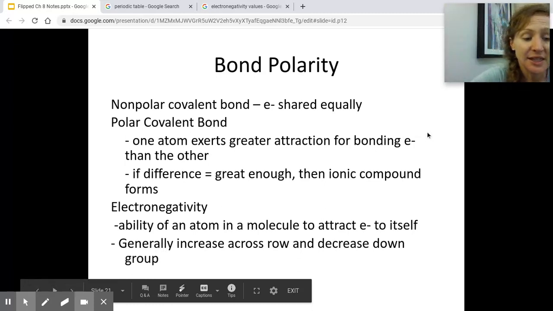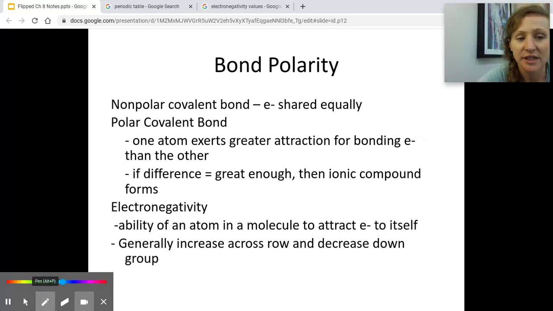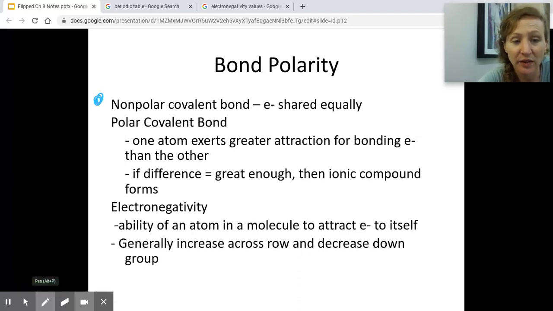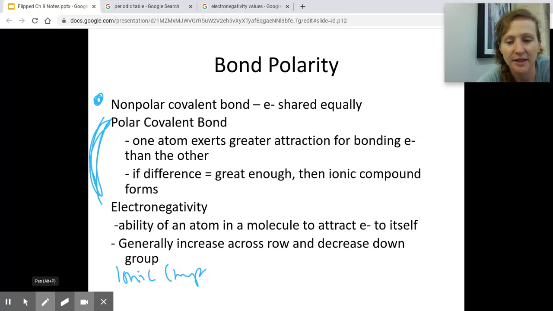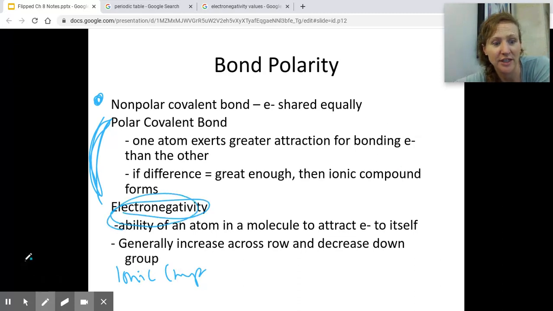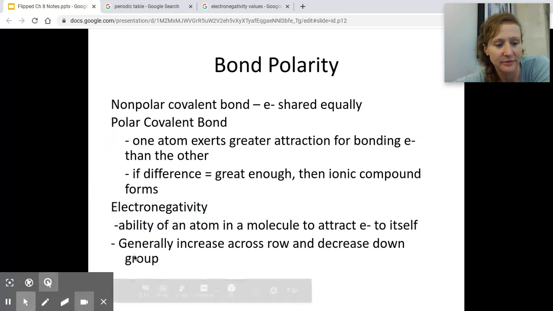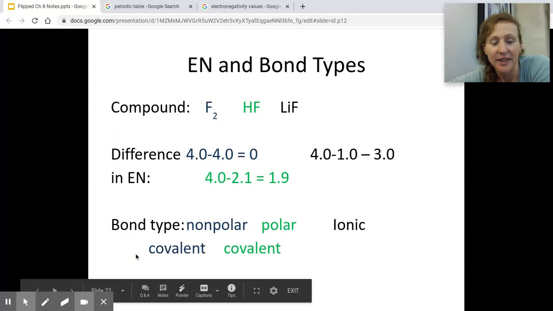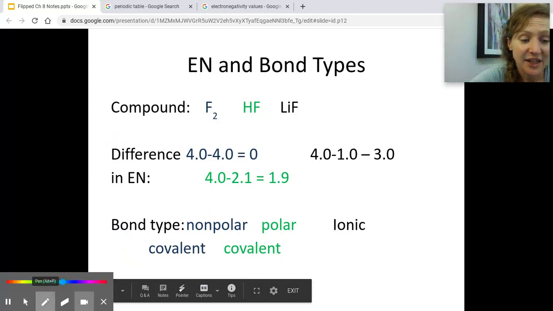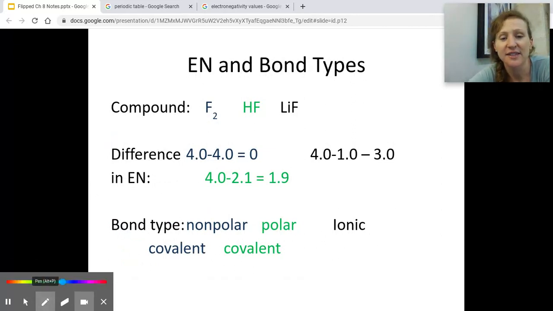And so we get these dividing categories. We have our nonpolar covalent bond. We have our polar covalent bond, which is most of them. And then we have ionic compounds on this end. And again, it all comes down to the magic of electronegativity. There are actual cutoffs.